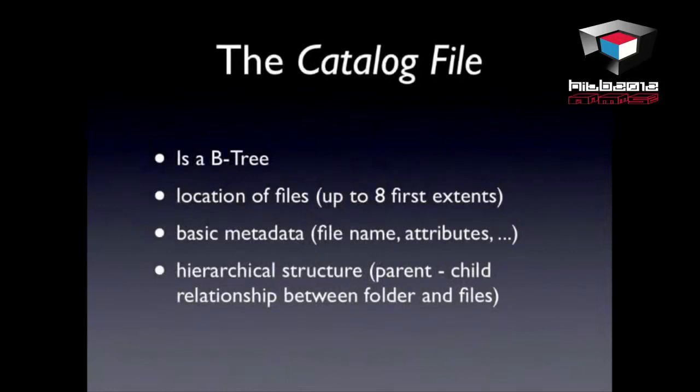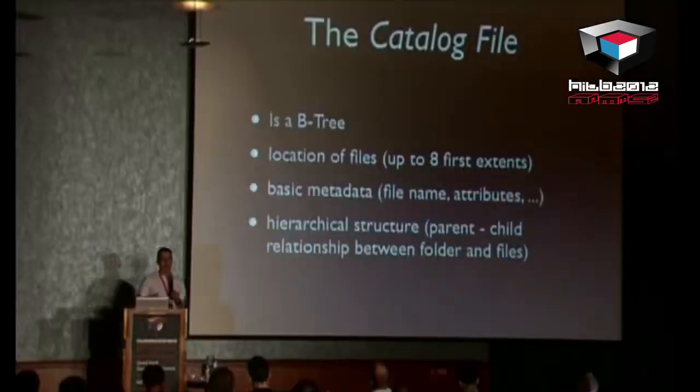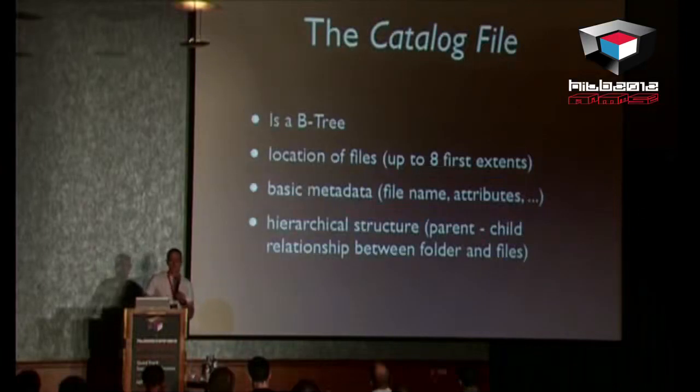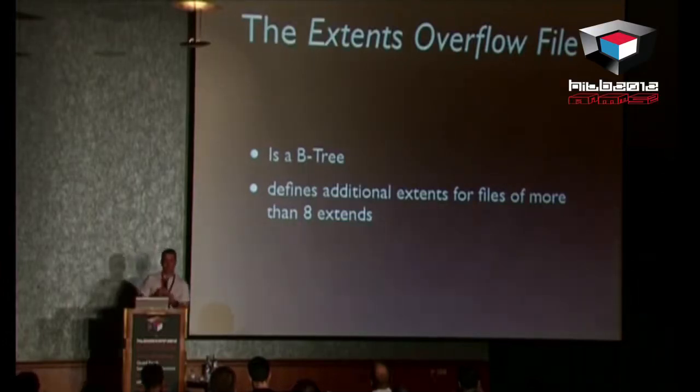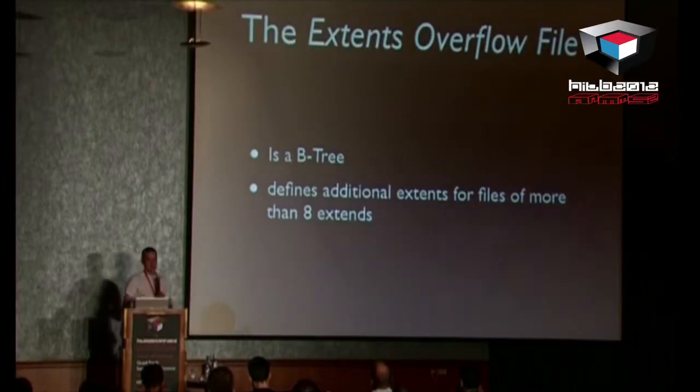The catalog file is also a B-tree, and it holds the parent-child relationship between folders and files. And the last one we'll talk about here is the extents overflow file, which is also a B-tree, and which defines additional extents for files of more than 8 extents.